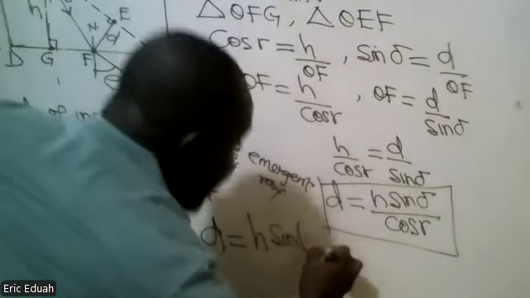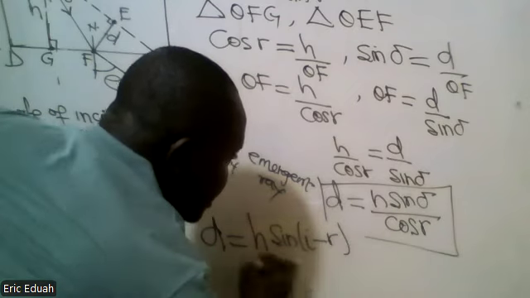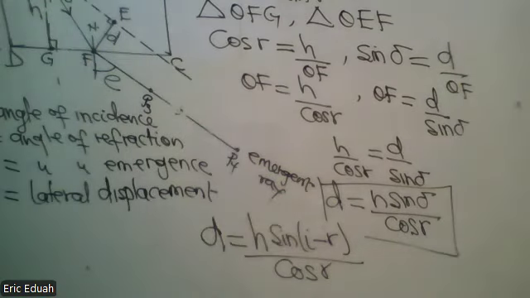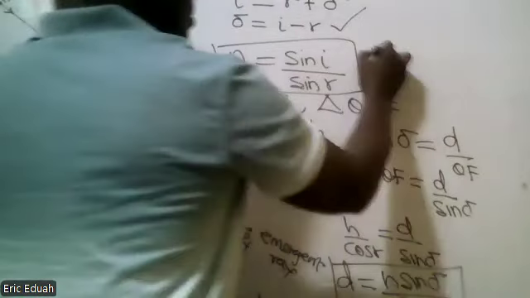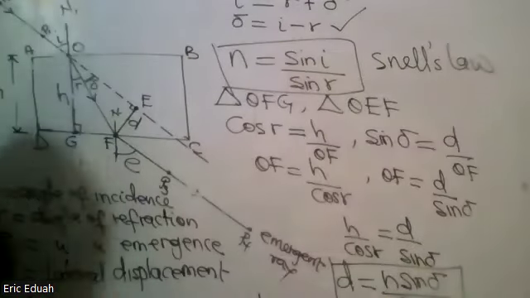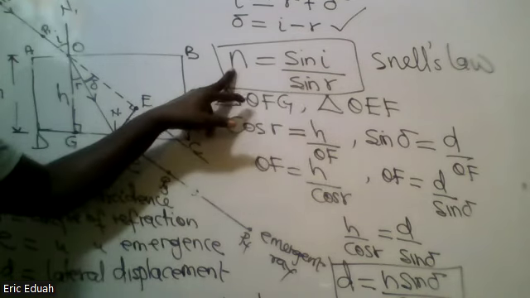We can expand this relation as d equals h sine of (i minus r) divided by cos r. What it means is that we can use Snell's law to find the angle of refraction, knowing the refractive index.